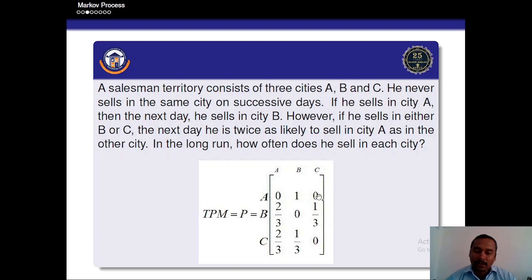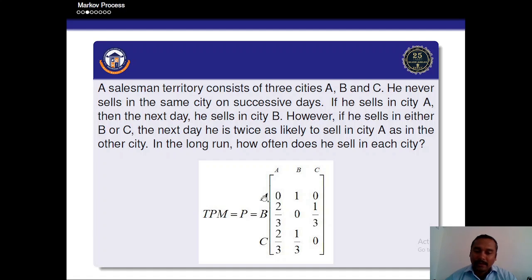Here we have to follow the rules for TPM. There are two rules. One is that all the entries are greater than or equal to 0, and the other is that the sum of each row is equal to 1. Now see the first row. There is no way to sell 2 days in the same city, so here the entry is 0.